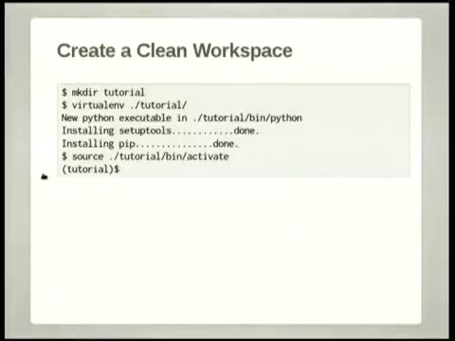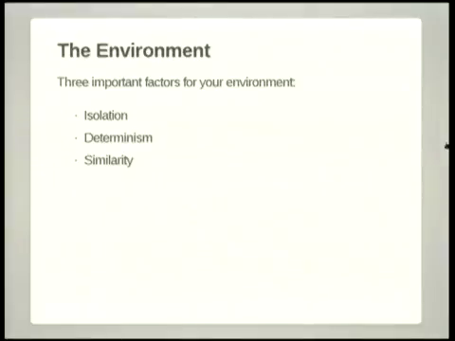So there are sort of three factors that are important, and I'm going to talk about each of those individually. First of all, isolation, determinism, and similarity. These are the three things I look for when I'm setting up my development environment for some kind of project.